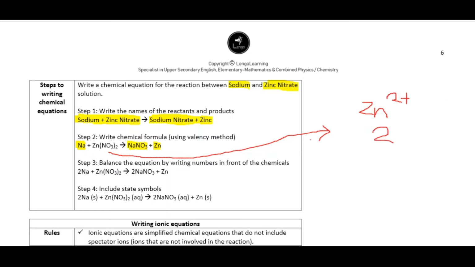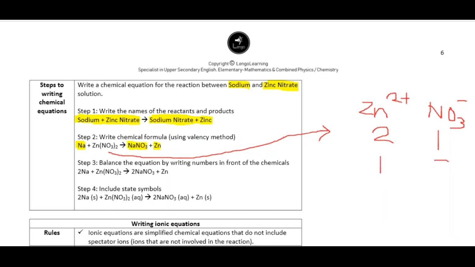As given above, I have highlighted that zinc usually exists as a zinc 2 plus ion, and it usually has a valency of 2. And NO3 minus, I've already explained that in the table it has a -1 charge. It's a polyatomic ion with a -1 charge, so valency is 1.